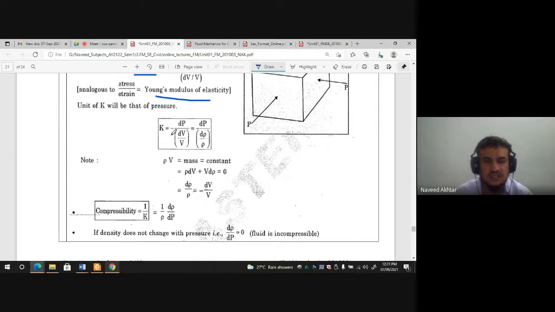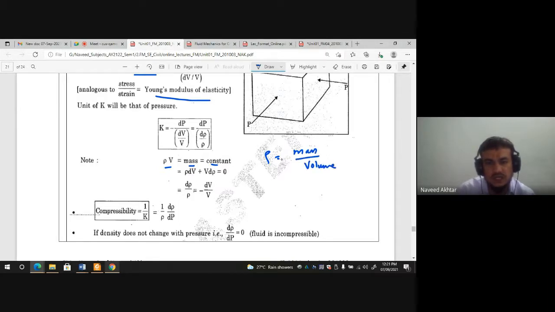So K is nothing but dP divided by dV upon V. Now, you know the density is equal to mass upon volume.